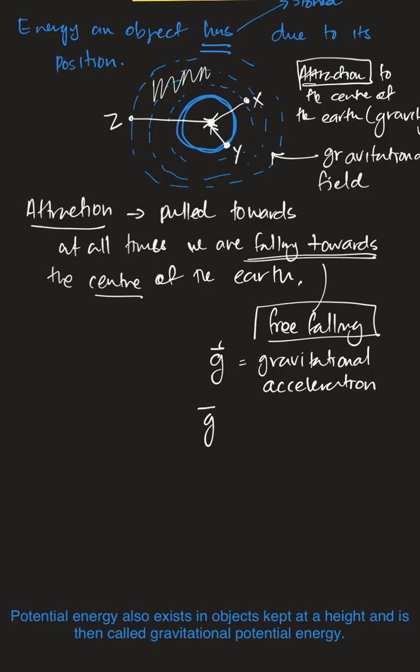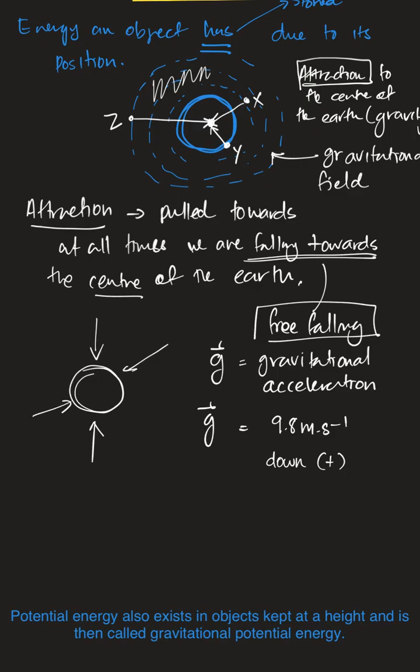So G, which is a vector, is equal to 9.8 meters per second squared. And remember, we're always going to take downwards as positive, because you are falling, and like I said, if that's the planet, you are falling towards the center. No matter where you are, you're going there. Can you see where the trajectory is? You're falling downwards. And when you fall downwards, it's a constant.